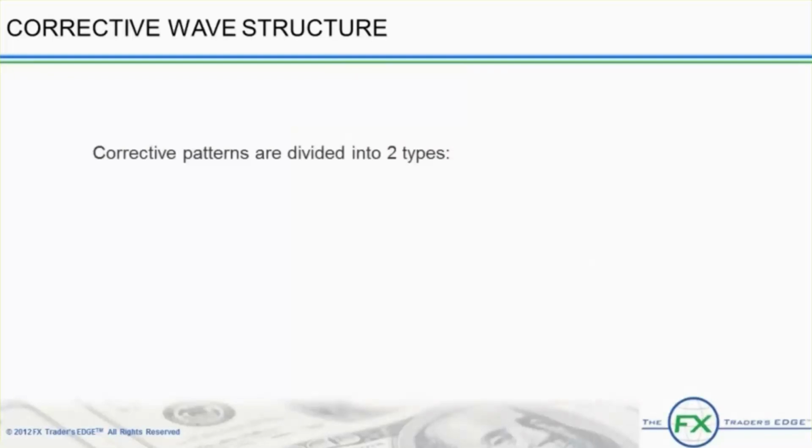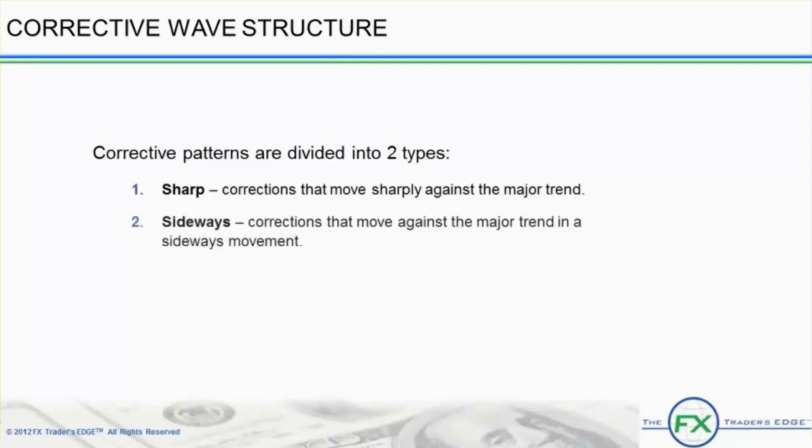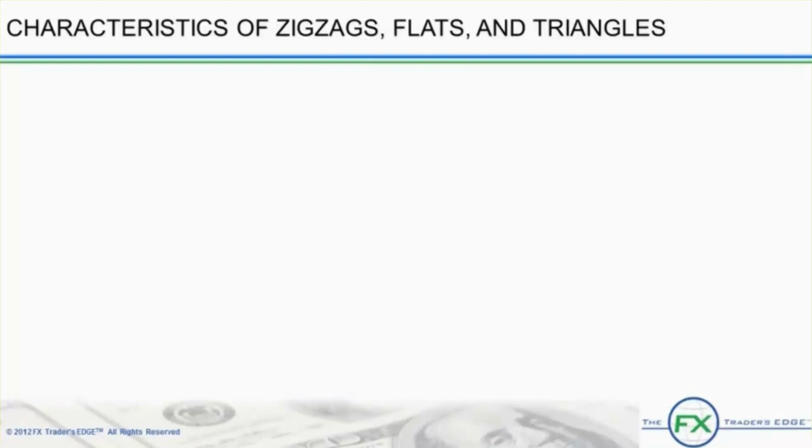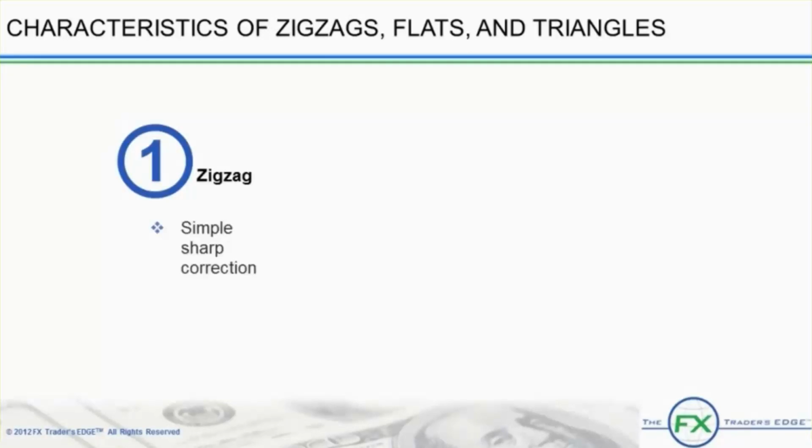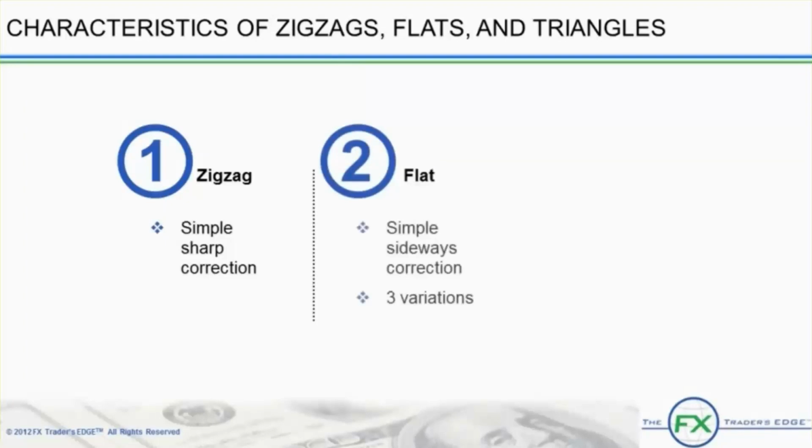Corrective patterns are divided into 2 types: sharp, which are corrections that move sharply against the major trend, and sideways, which are corrections that move against the major trend in a sideways movement. There are 3 types of corrective patterns: zigzags, flats, and triangles. Zigzags are characterized as simple, sharp corrections. Flats are characterized as simple, sideways corrections.